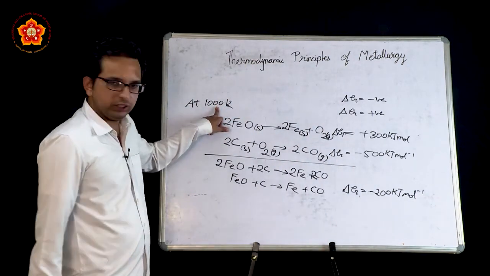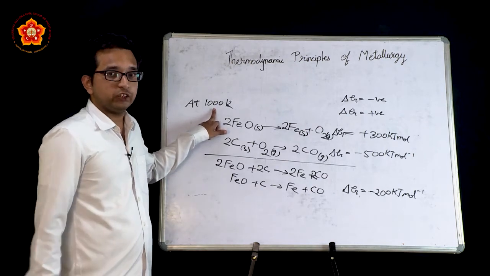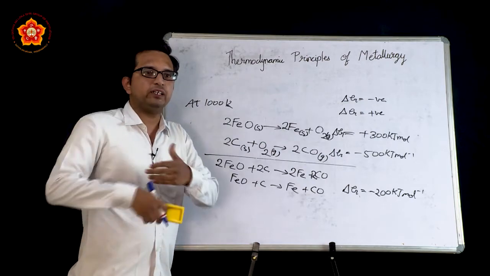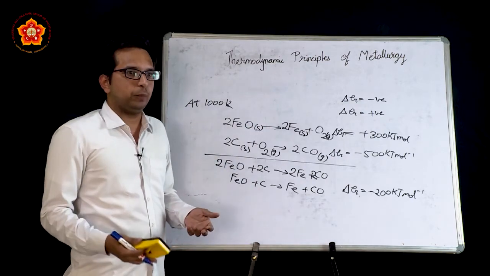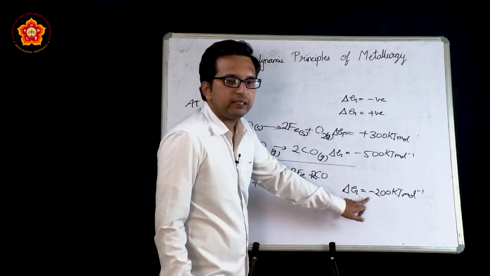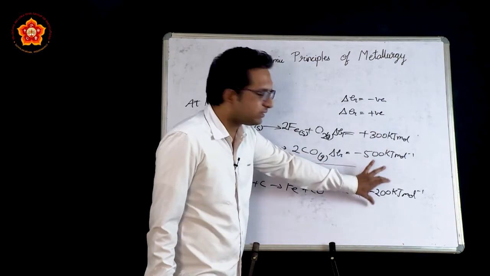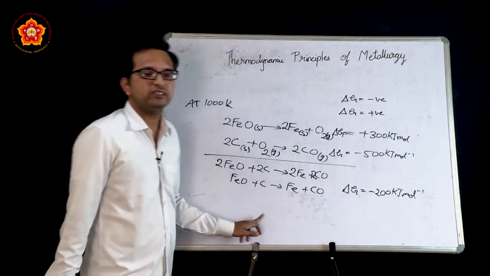At a higher temperature, since the entropy is increased, because when temperature increases, molecules get more energy to move around in the system. So with an increase in entropy, we see that the delta G value has come towards the negative values, and these negative values now indicate that this reaction is spontaneous in nature.